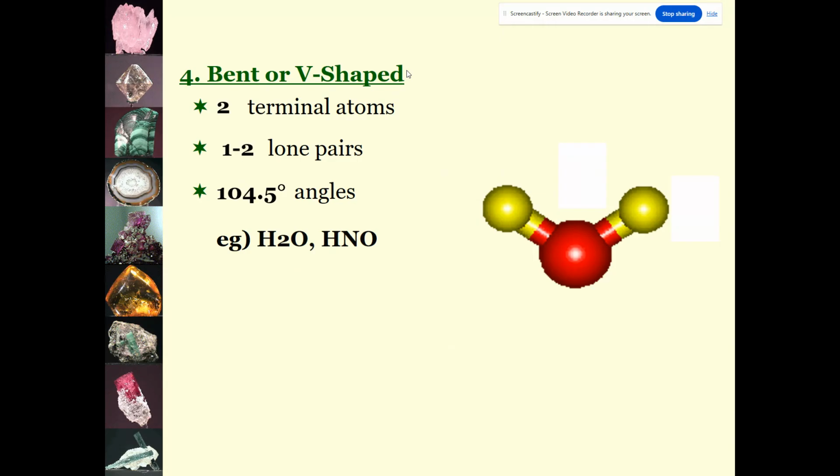Bent sometimes is also called V-shaped, but what happens here is you have, for example, water. Your oxygen has 2 lone pairs, and it's bonded to 2 terminal atoms.